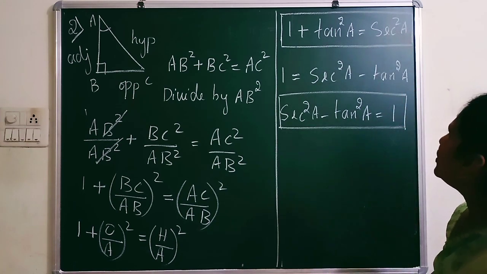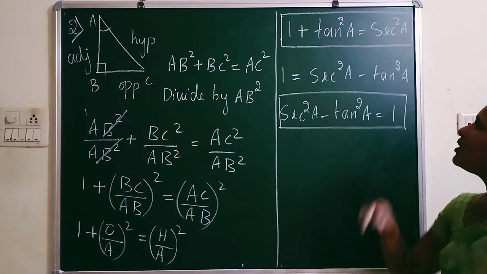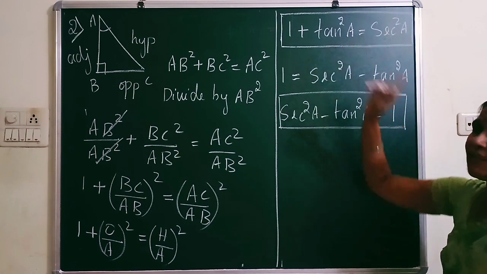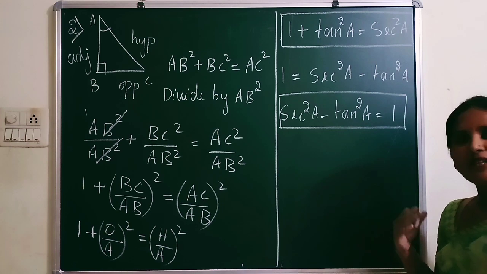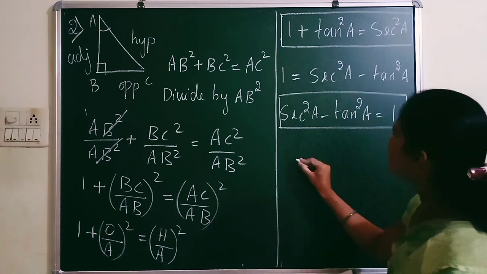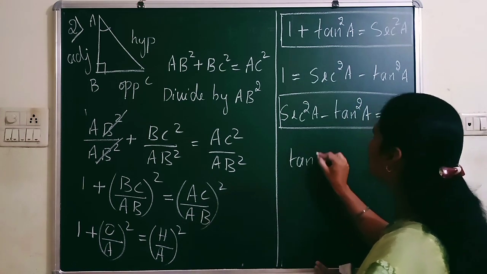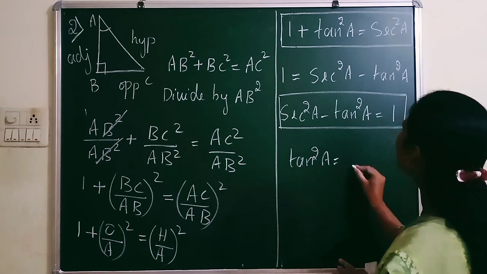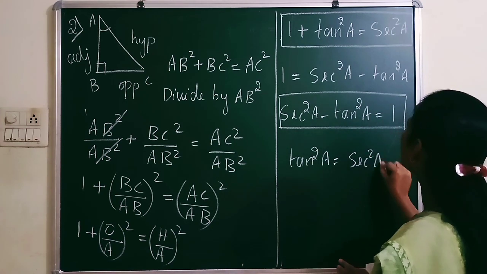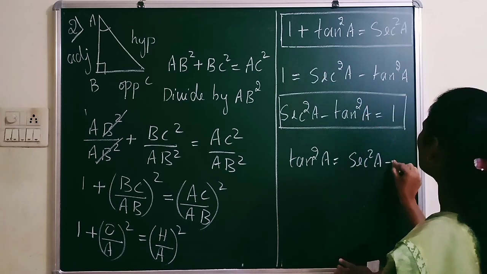So next what can we do? We can write tan in terms of sec. This is already sec in terms of tan. One more, you can write tan in terms of sec. So from this, make tan square A alone. Tan square A equals secant square A plus 1 becomes minus 1.